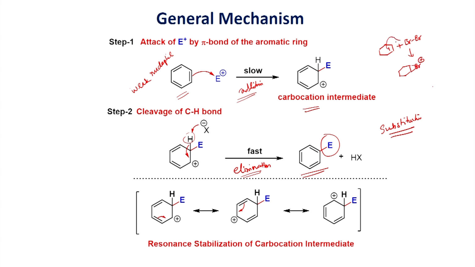It acts as a nucleophile. It is a stronger nucleophile compared to the benzene ring, because the benzene ring is more stabilized by aromaticity. So, this acts as a nucleophile and bromine acts as an electrophile.